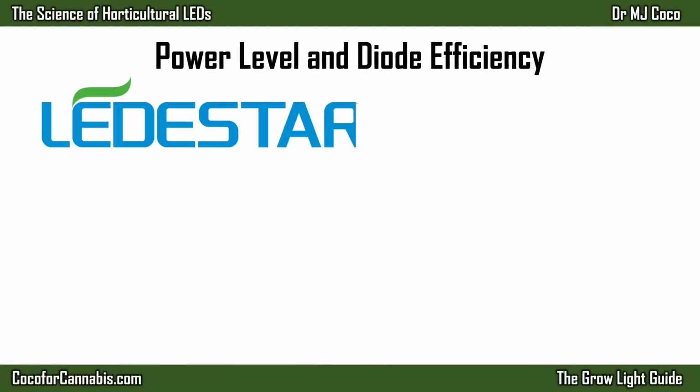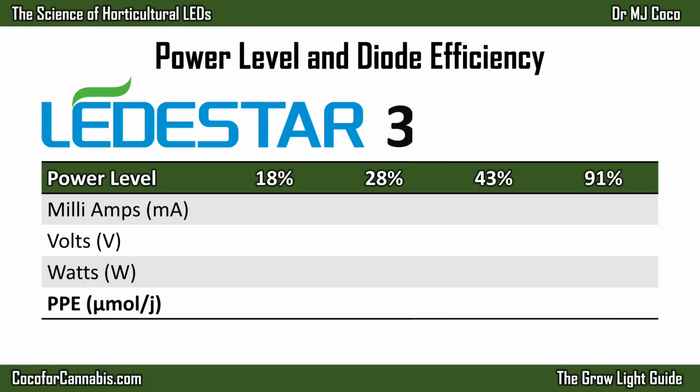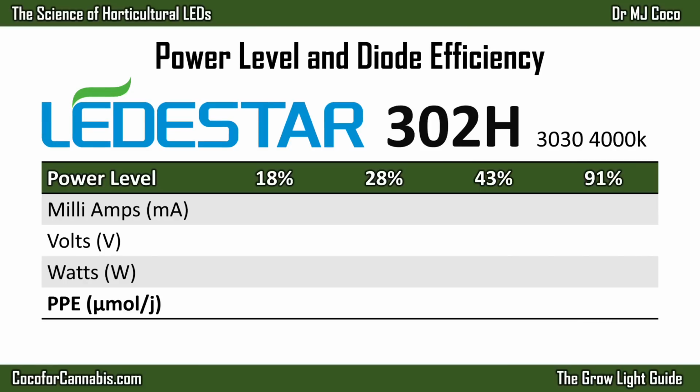Lettistar provided us with data at different power levels for their 302H diode. Like most full-spectrum diodes on grow lights, the Lettistar 302H is rated for 1 watt. However, you get the best efficiency at less than 20% of the maximum power. With 65 milliamps at 2.72 volts, which is 0.18 watts, the Lettistar 302H diode has a photosynthetic photon efficacy of 3.10 micromoles per joule.